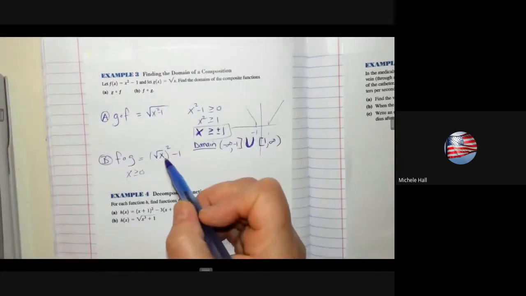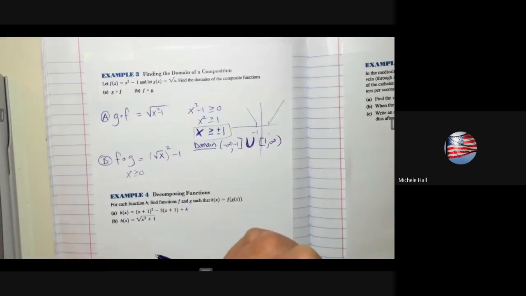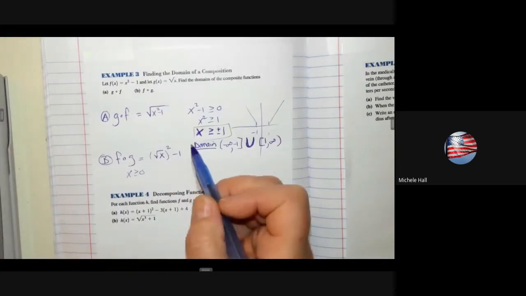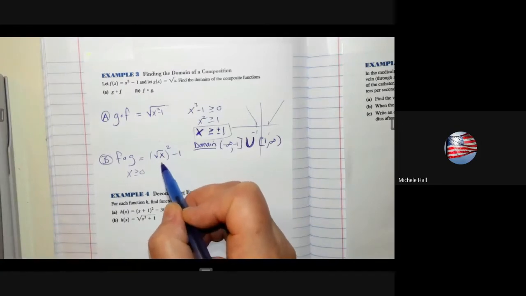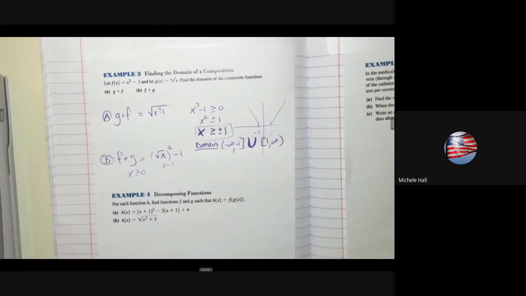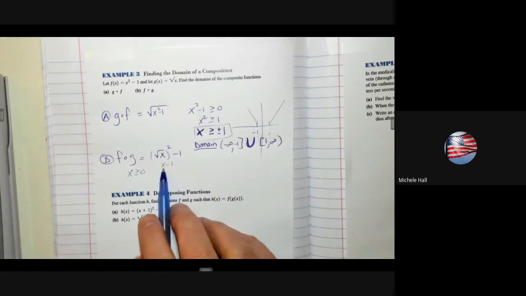Notice that a square undoes a square root. These undo each other. So really we're looking at x minus 1. And that is a linear function, but the conditions still have to apply from the first part. This line would go to infinity.